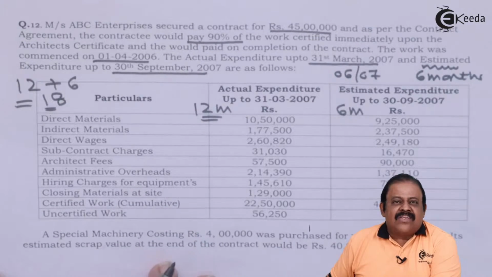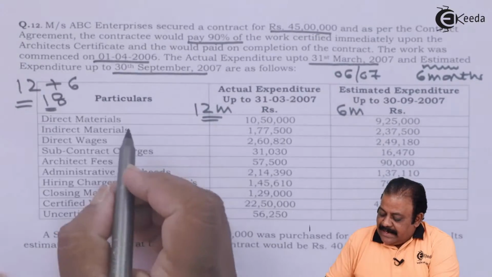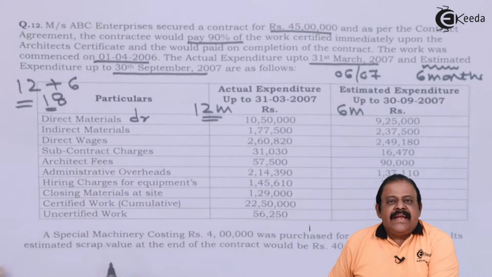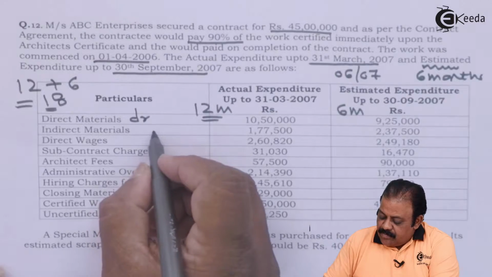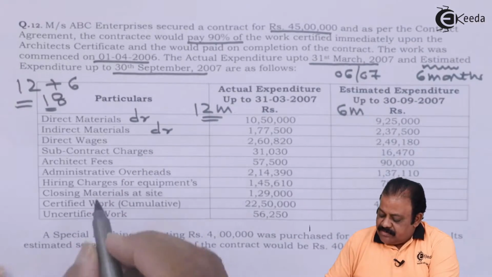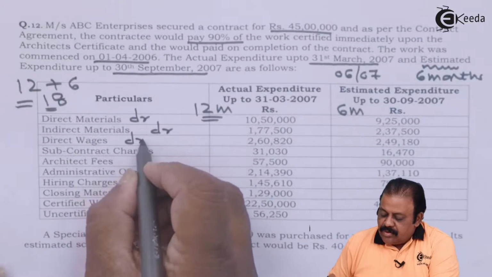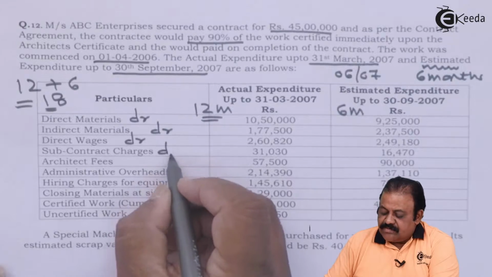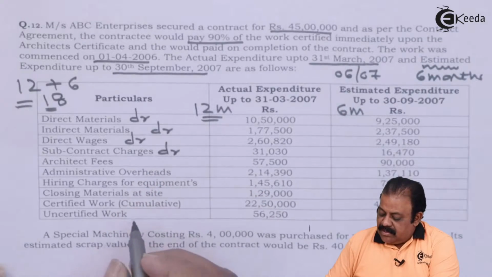Let us mark all the other items. Direct materials, contract account debit. Indirect materials, contract account debit. Direct wages, contract account debit. Subcontract charges, contract account debit.